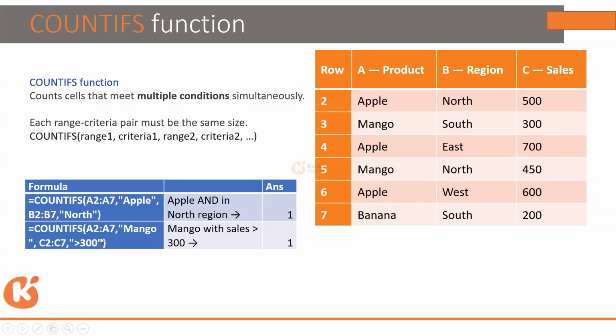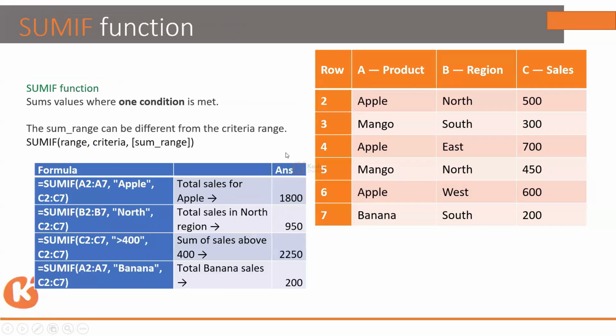So here you can see COUNTIFS, and the range is A2 to A7. The first thing is to count the mango. Then the second condition is C2 to C7, and it should be greater than 300. So the result is coming as 1. Like this, you can use the COUNTIFS function.